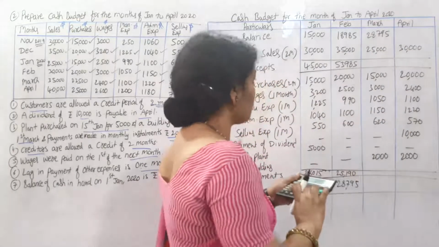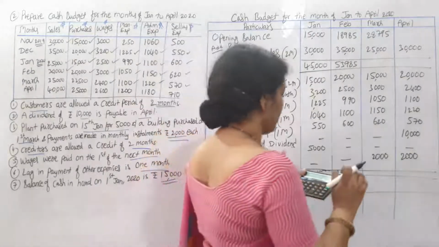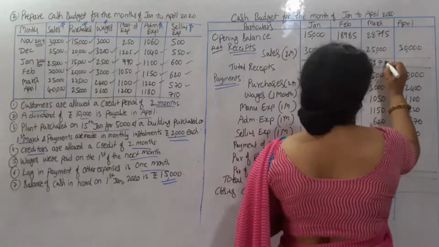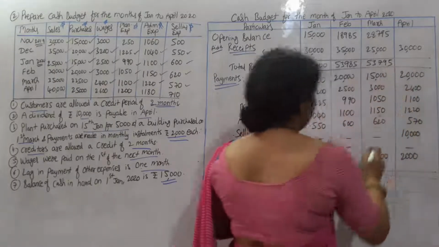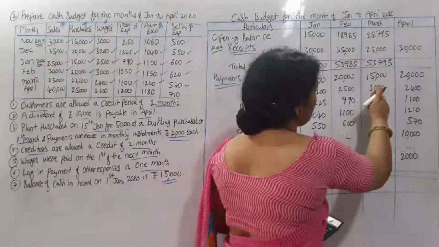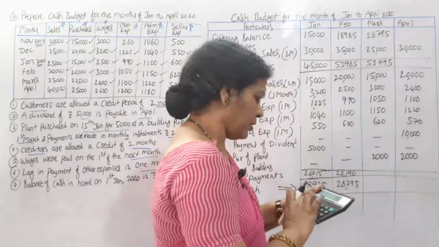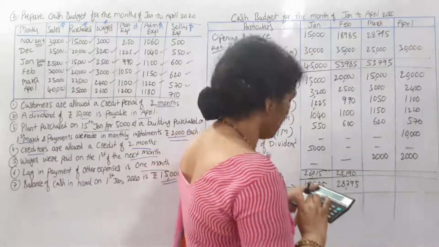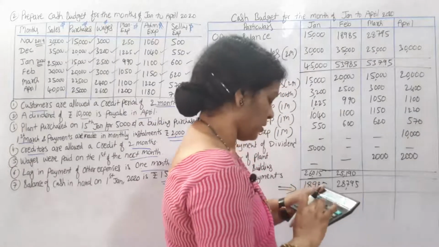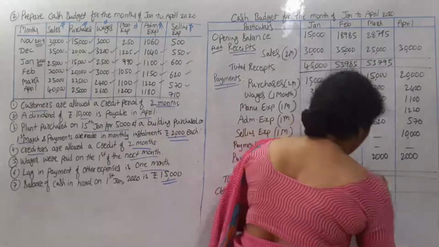If we add these two, 53,795. This total is 53,795. Let us see all the payments of this March month. 15,000 means 18,000, 19,050 rupees. 19,050 rupees plus 1,150 plus 620 means 2,620 comes to 22,820.